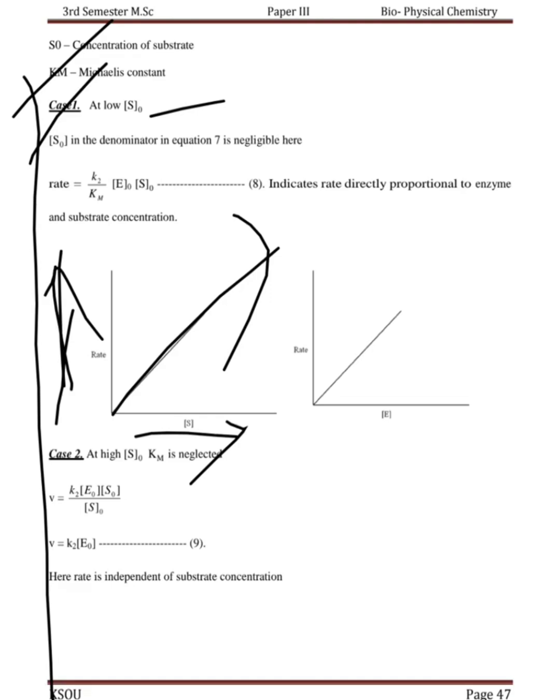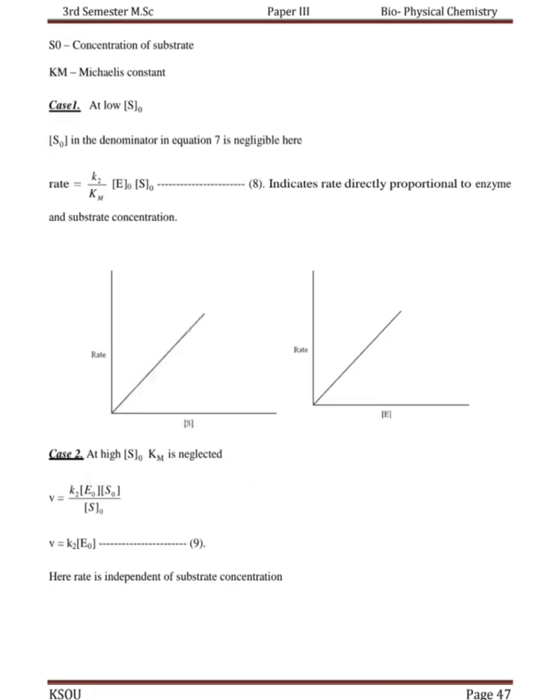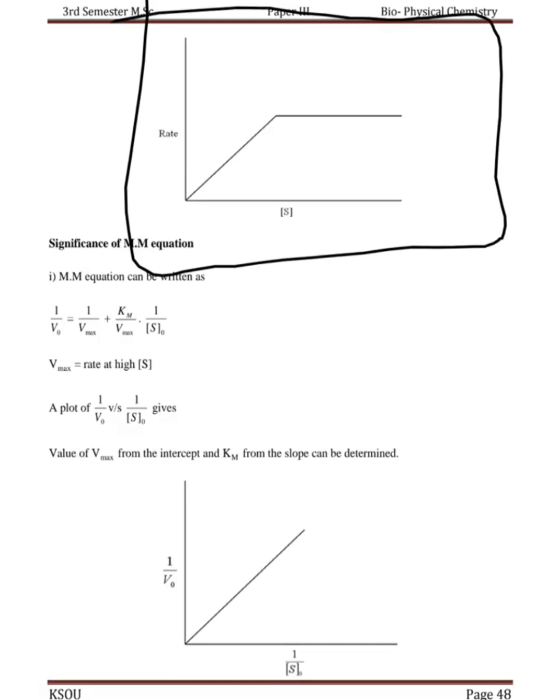And in the second case, we are going to see high S naught, where the concentration of the substrate is very high. This is the plot for high S naught.